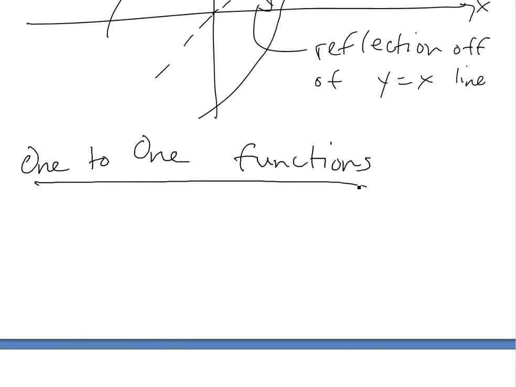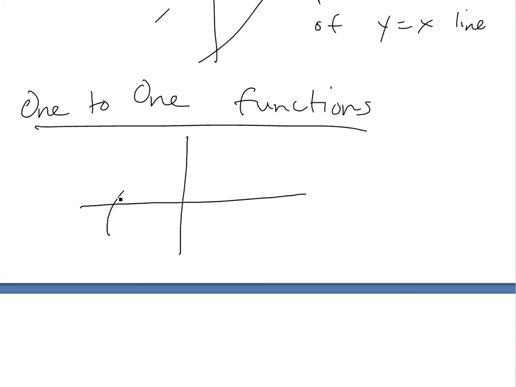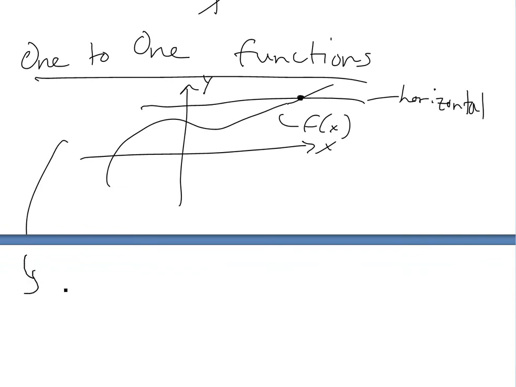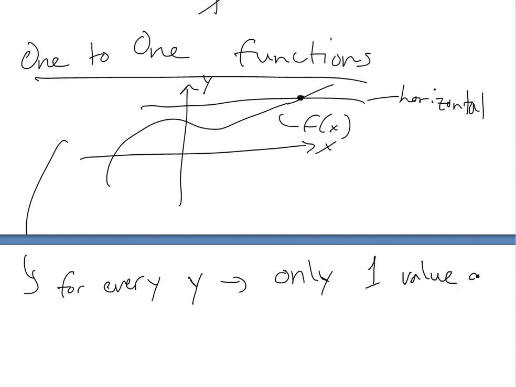If you have y equals f of x, one-to-one means that for every y value, there is only one value of x.